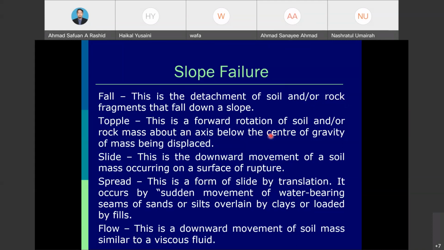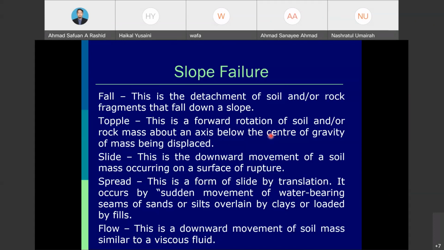Normally this is due to the weathering process, where the joints of the rock became weak, so they have the potential to topple because the rock mass is very high. So slide is a downward movement of a soil mass occurring on a surface of rupture.